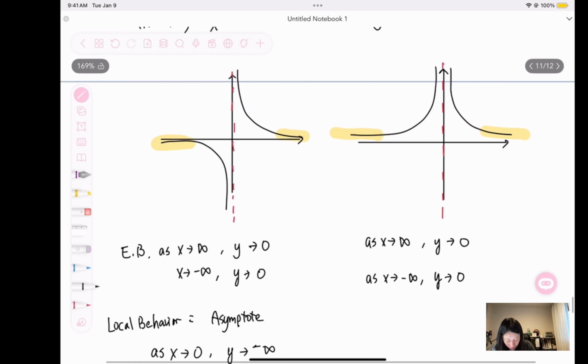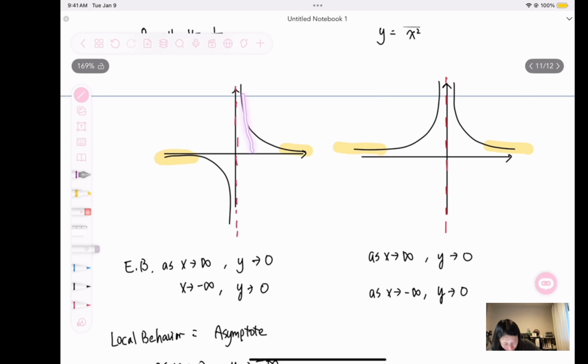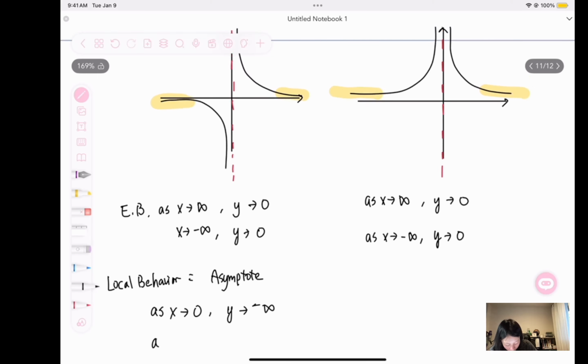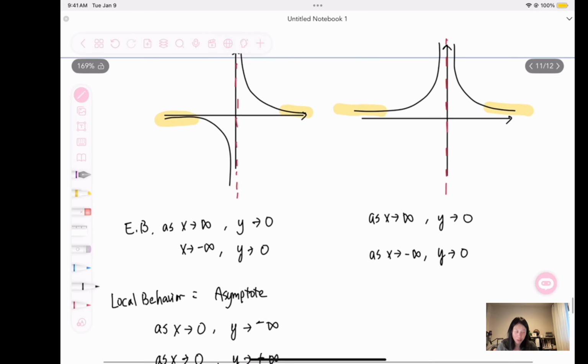Similarly, from the right, as x approaches 0, y keeps going up, so eventually it goes to positive infinity. So that's the pattern here. Now these two both approach 0, one coming from the left, the other from the right.